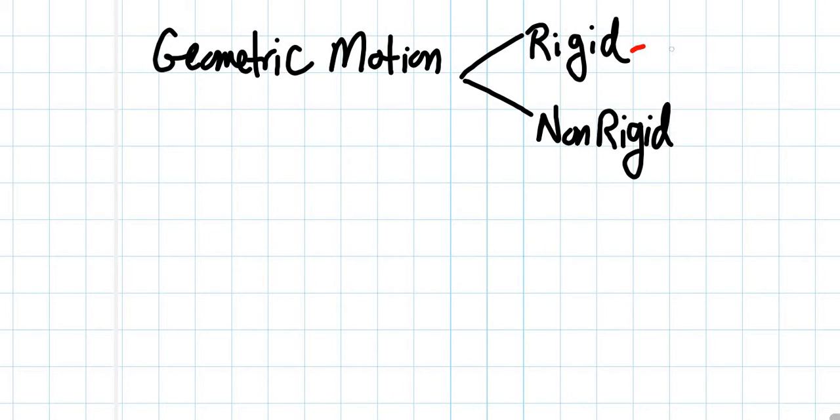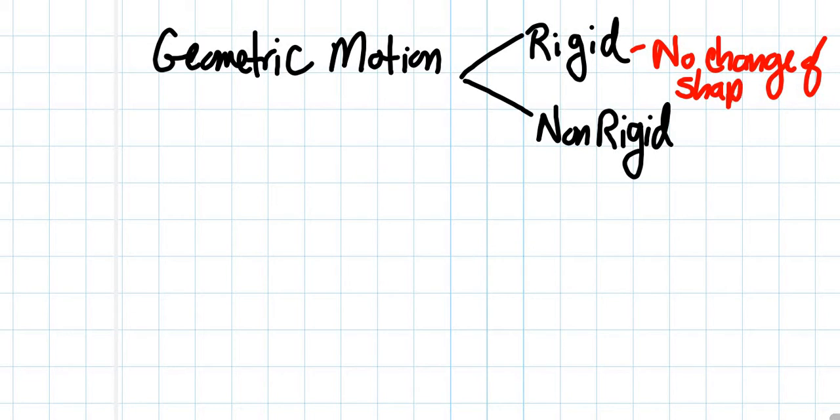Rigid motion, there's no change of shape. Non-rigid, there's a change of shape. That's S-H-A-P-E. Rigid, there's no change of shape. Non-rigid, there's a change of shape.